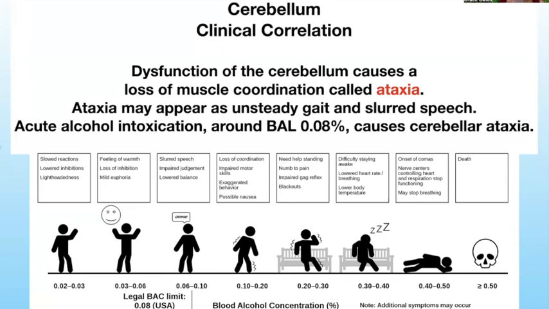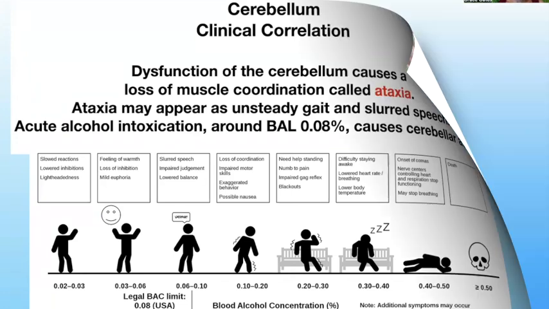So we've all seen a person who was drunk, in common parlance, have an unsteady gait and slurred speech. And that is because alcohol has a toxic effect on the neurons in the cerebellum. I mean, temporary. Your body is able to clear alcohol. Okay.